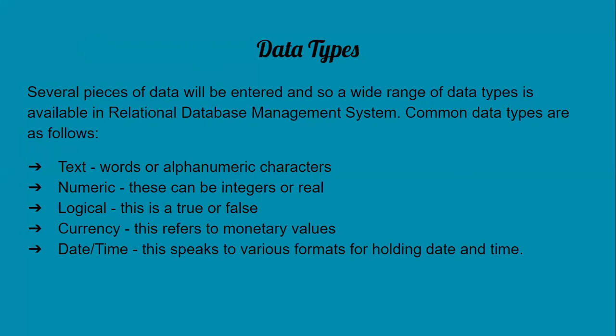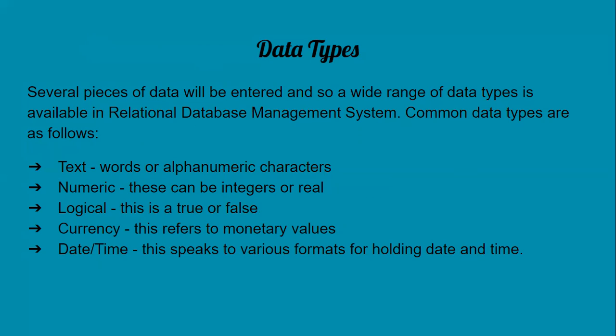We're going to be seeing text, numeric, logical, currency, and date and time. Now let's look at these individually. The text data type will include words or a sequence of alphanumeric characters. Now this would include letters and symbols such as the @ sign, a hyphen, things like those.